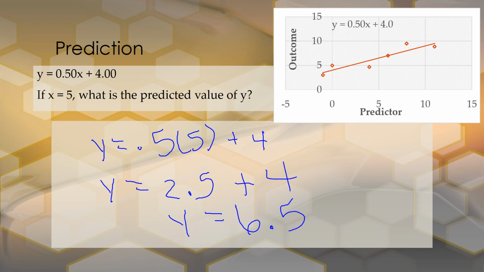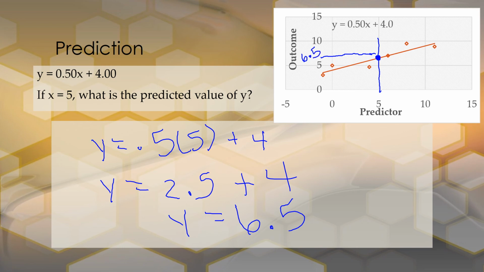So if we go back to the graph here, when x equals 5, which is where this line is, by drawing, we go and make a dot here on the line, and then see where that is for the y value. It's hard to see on this little graph, but that is 6.5.